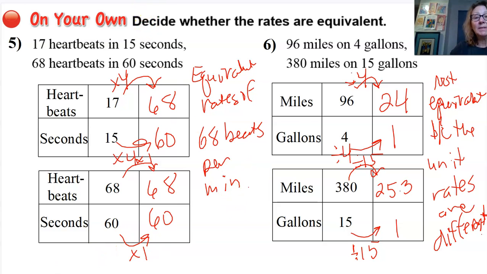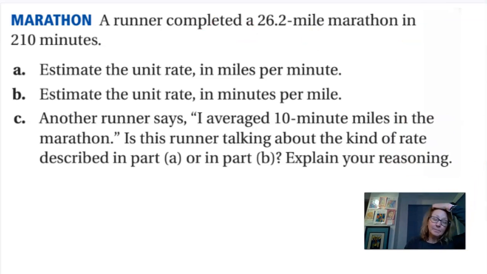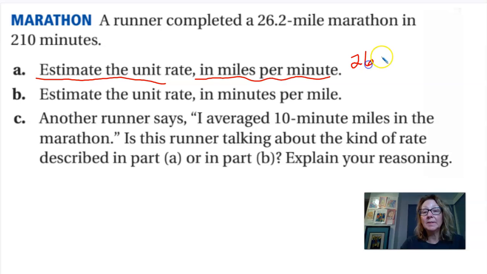Okay, there's one more kind of example that I want to show you, and I sometimes use money as an example, but here's an example where there's a runner completing a marathon, right? In 210 minutes. So A says estimate the unit rate in miles per minute. So you would take the miles, 26.2, and divide by the 210 minutes.